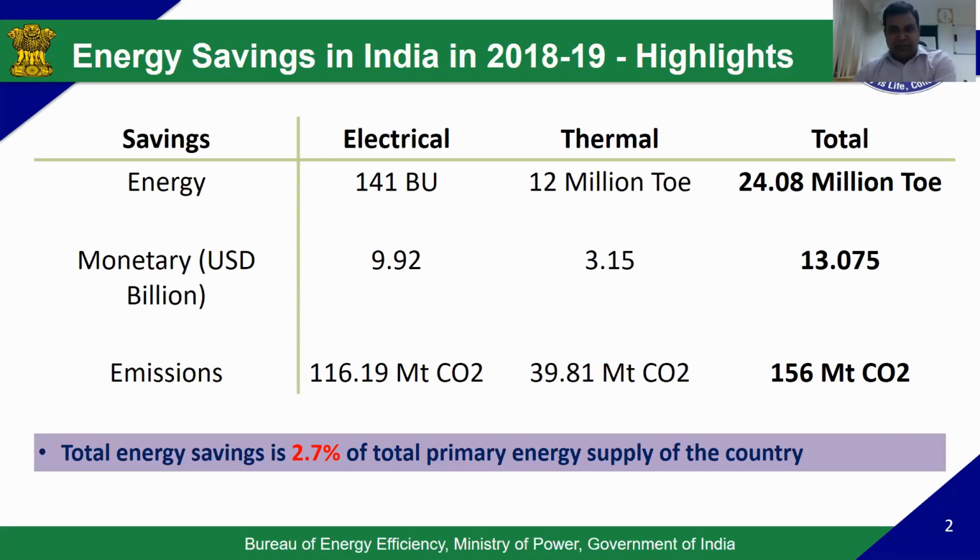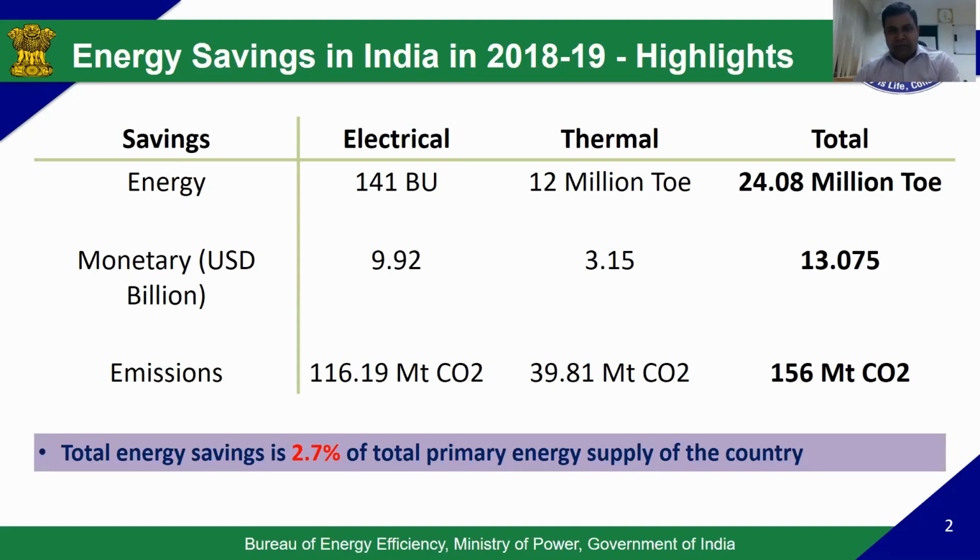The major contributor to the thermal savings is the Perform, Achieve and Trade scheme, wherein we assign specific energy consumption reduction targets to large energy intensive industries and monitor the achievements after every 3 years. So we have a very robust monitoring scheme in place.